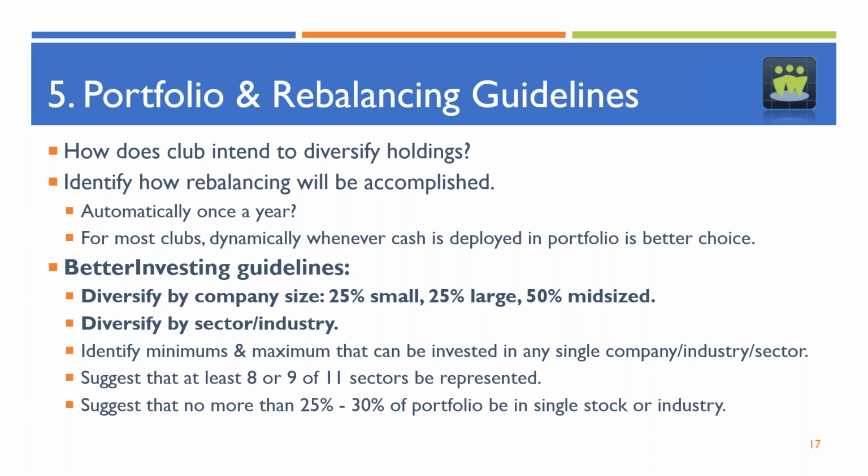If you are overweighted with large cap stocks, new purchases can be made of smaller companies, and this will improve your portfolio diversification over time. And I think that is a great way to look at portfolio balance and portfolio diversification.